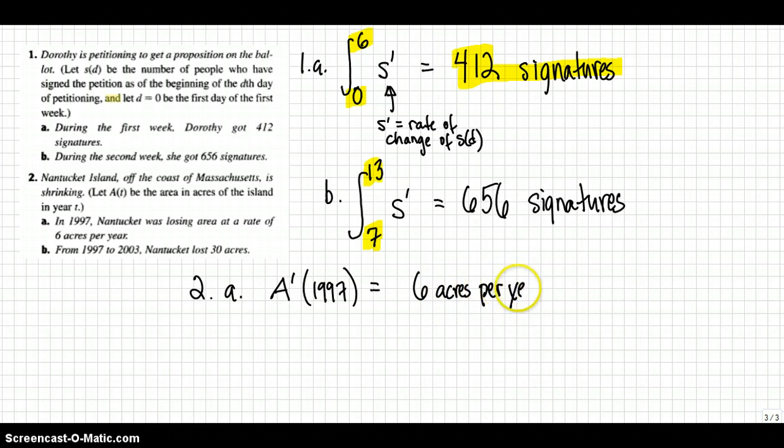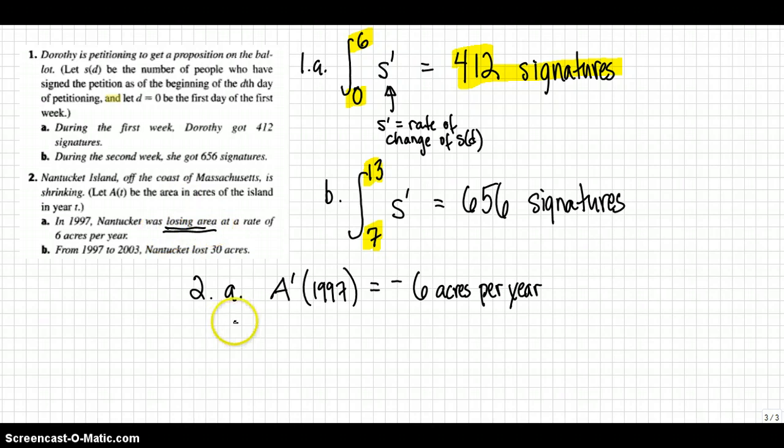And if I just write this, it would look like I was going up by 6 acres per year, right? So I'm going down by 6 acres per year. So this A prime should be negative. The rate of change is decreasing. So that negative tells me that I'm decreasing every year. So as it turns out, 2A is a statement about the derivative, and we can tell because of this statement about losing area.